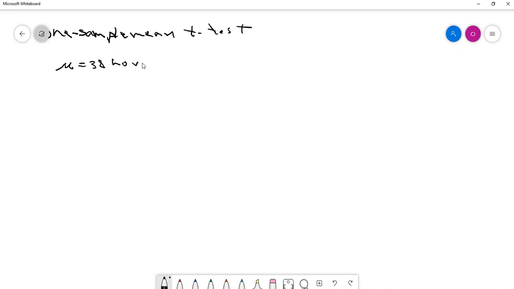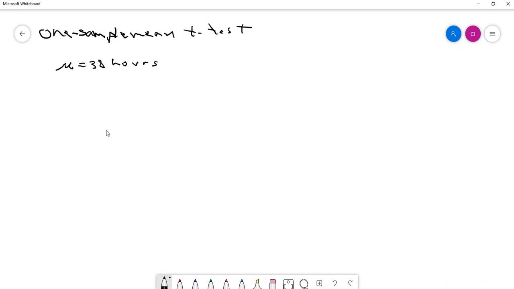Now, we had done an example where the claim was that the average highway gas mileage for a particular car was 28 miles per gallon, and we said that we could collect a sample to test the hypothesis of 28. That's one way that you can use hypothesis testing.